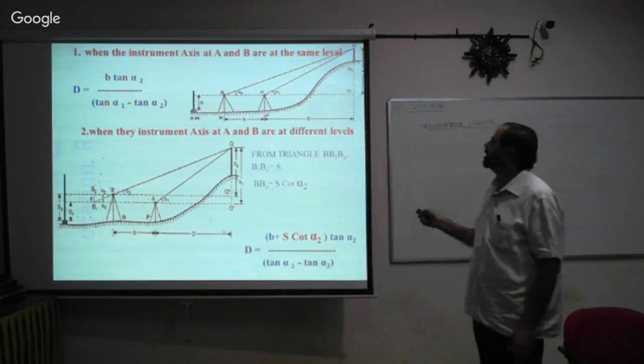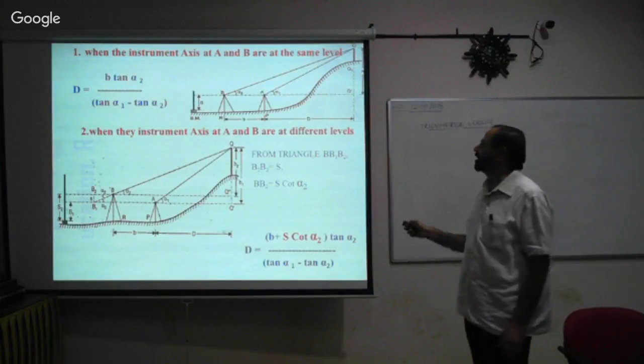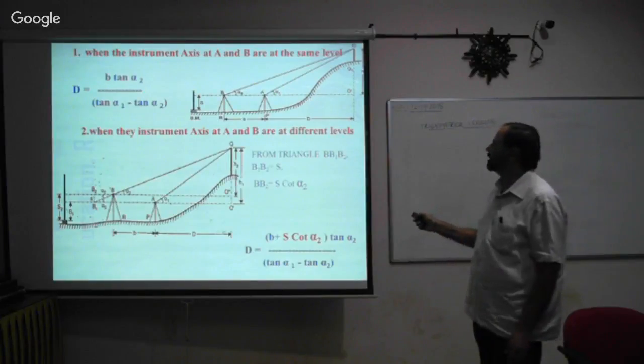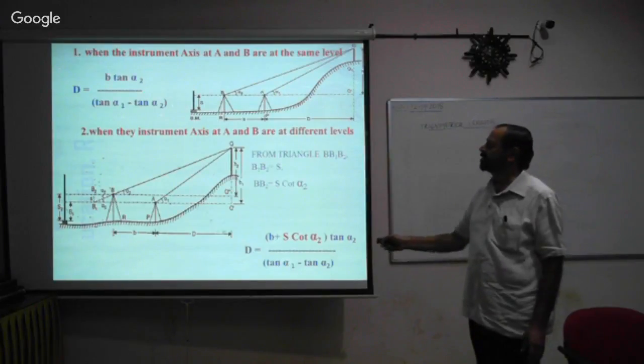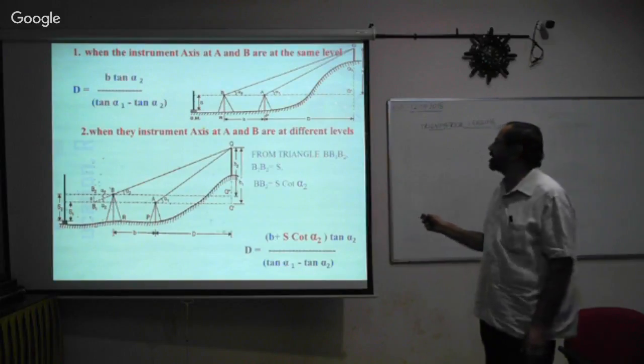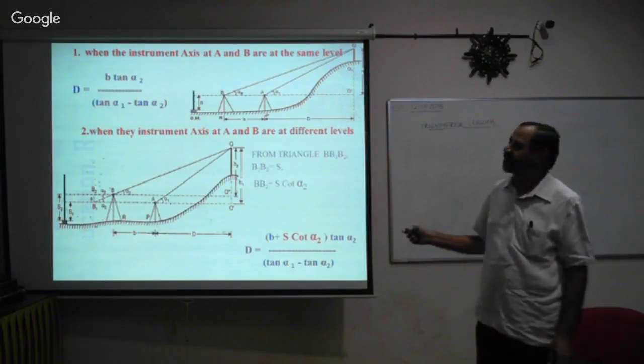Similarly, considering the second instrument station and triangle, h is equal to b plus d tan alpha 2. Equating those two equations, we can calculate the horizontal distance from the first instrument station to the object, isn't it?